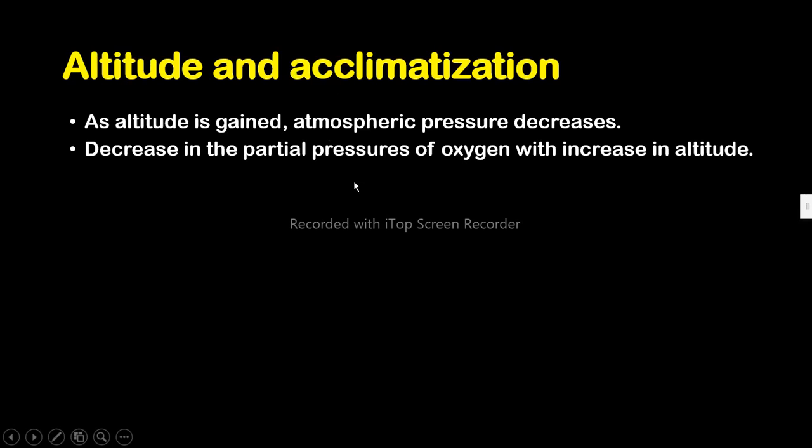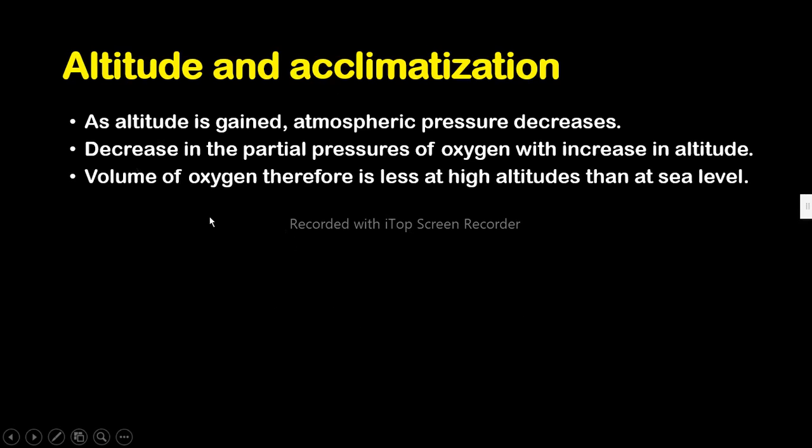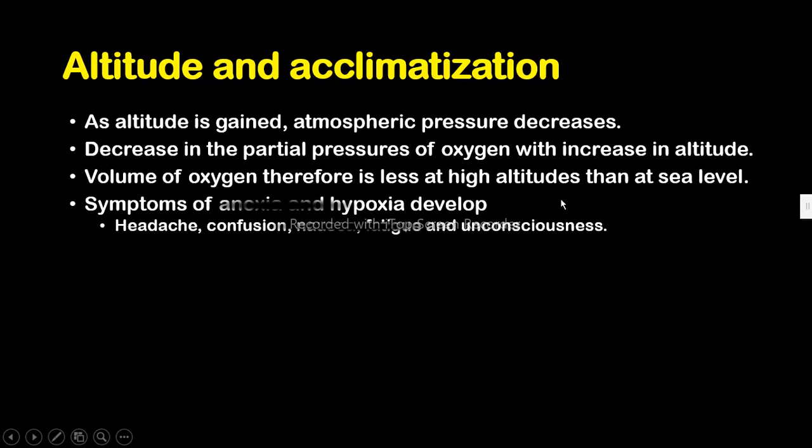Now, when you decrease the partial pressures of these gases, the amount is going to be less at high altitude than at sea level. So it becomes hard for a person who has been living at sea level to live at high altitude.